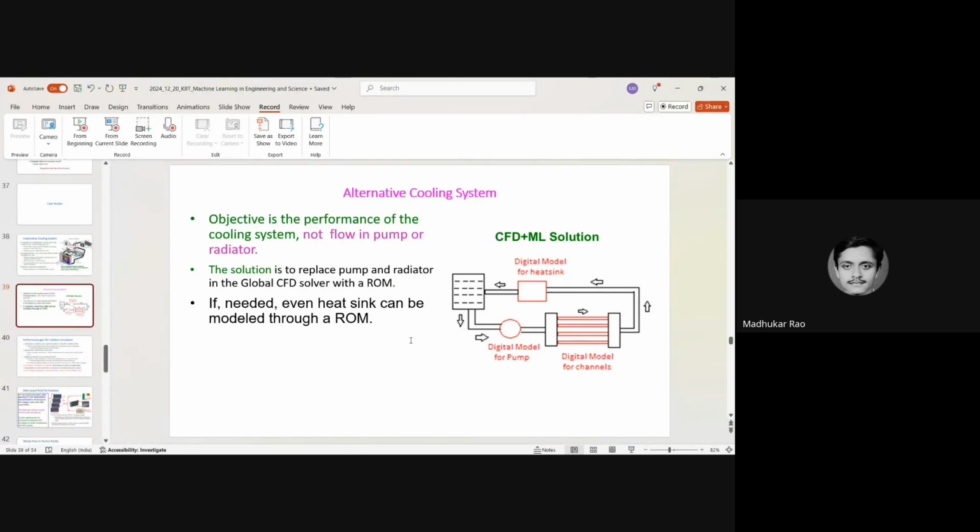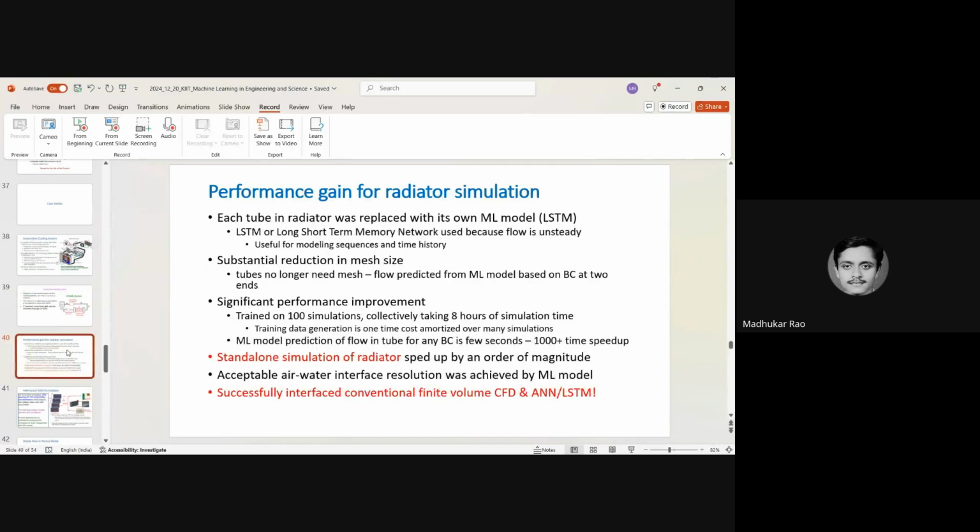So once you do that, you get a substantial reduction in the mesh size. Just removing the radiator from the CFD and replacing it with a machine learning model gave me a 25% speed up.